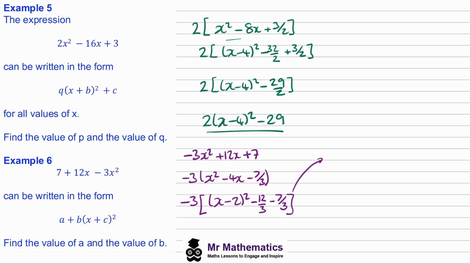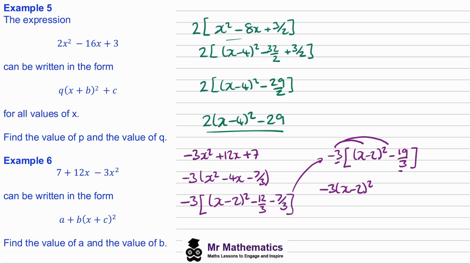We can simplify this. So x minus 2 squared minus 19 over 3. And now we need to expand out the bracket. So negative 3 lots of x minus 2 squared. And a negative will make a positive.